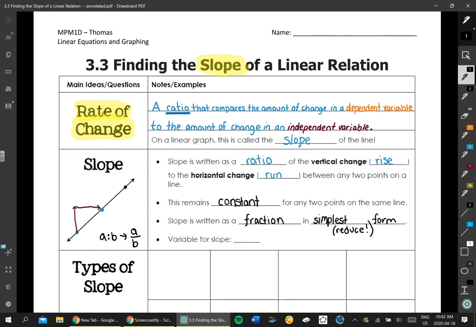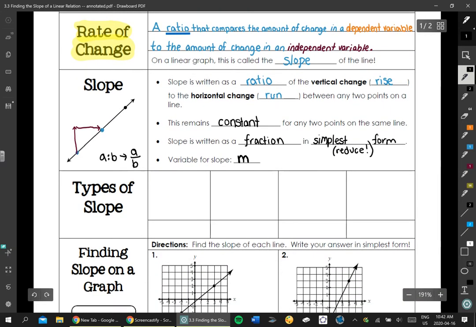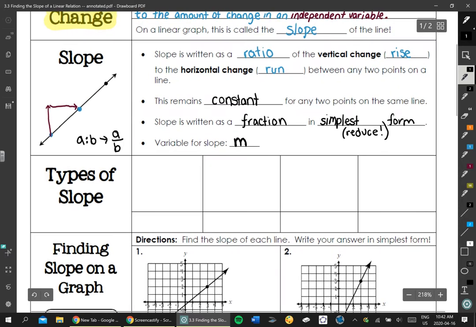Now, in math, we sometimes use variables to represent different things. So when we talk about the equation of a line, the variable we use to denote slope is going to be m. M for slope. Now, there are different types of slope, and they depend on the equation of the line that we're given. But there are 4 main types.